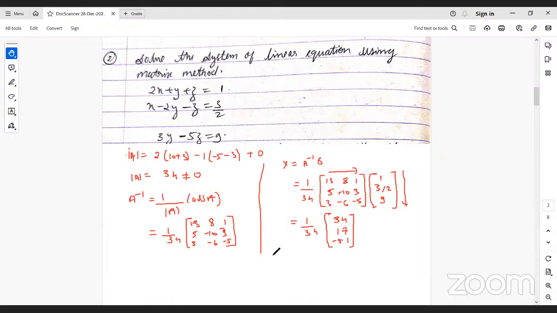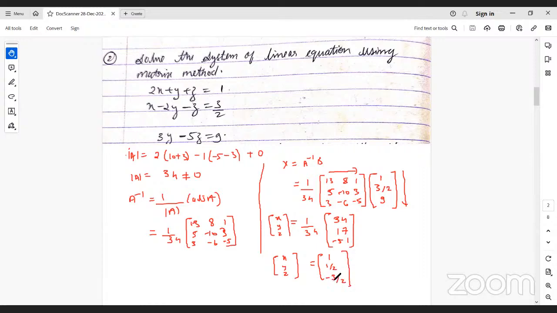So next divide each term and find out the value of x, y, z. So the matrix x is x, y, z. On simplifying, we will get the final answer as 34 upon 34 it is 1, 17 upon 34 it will be 1 by 2, and minus 51 upon 34 it will be equal to minus 3 by 2.